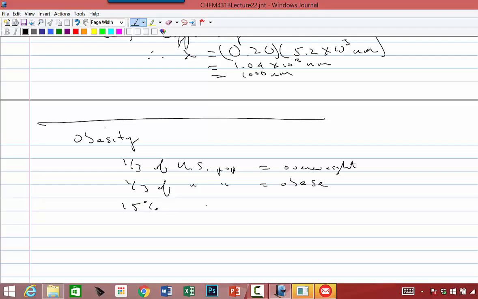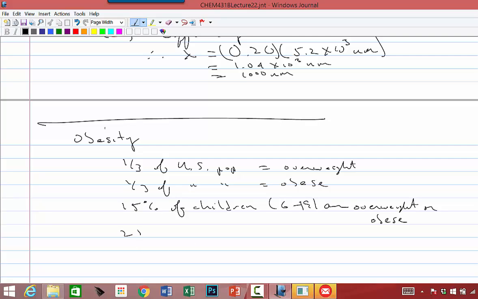15% of children between 6 and 19 are overweight or obese. Okay.